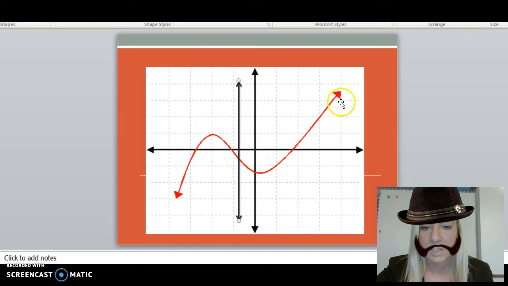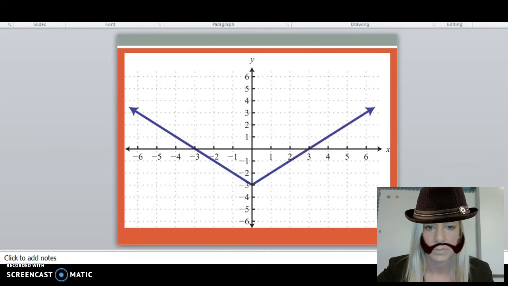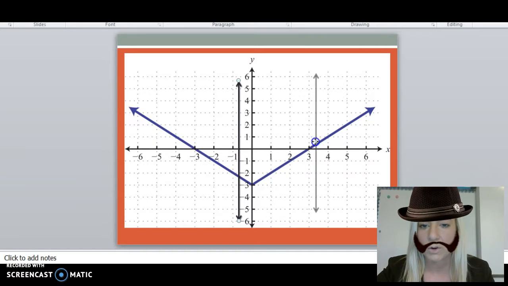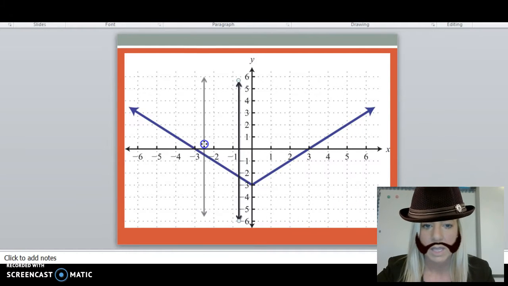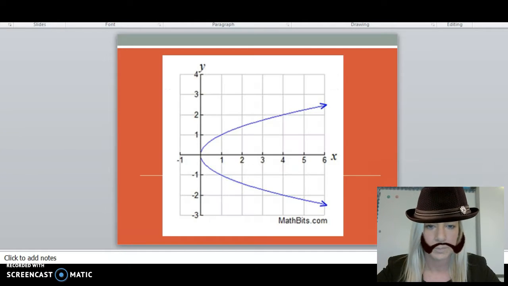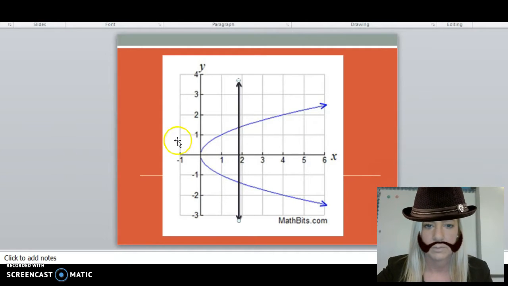This line is considered to be a function. Looking at this function here, as I move my vertical line throughout the function, it only crosses the function at one point. Let me show you an example of something that's not a function.